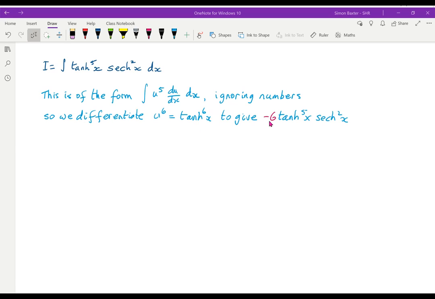That gives us 6 tanh to the 5 x sech squared x, and so our integral I is just equal to 1 over 6 tanh to the 6x plus c. Nice simple integral.